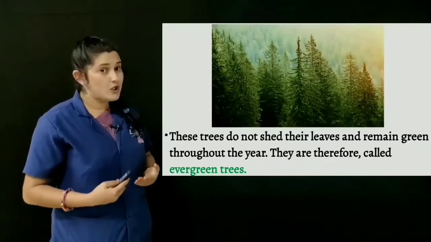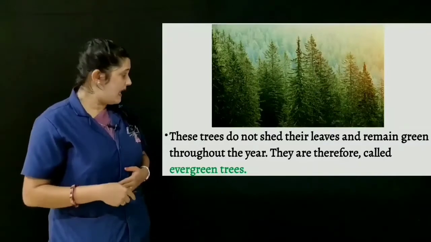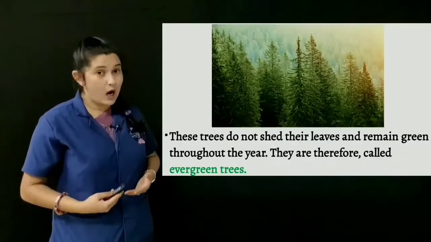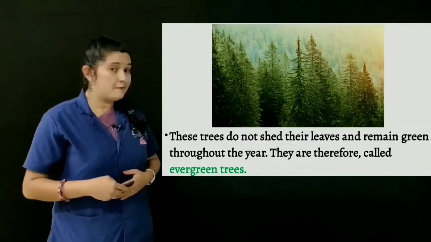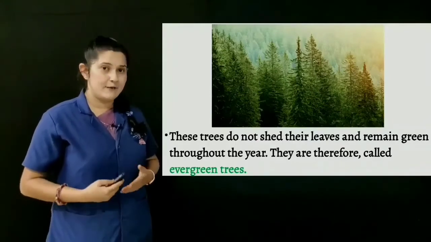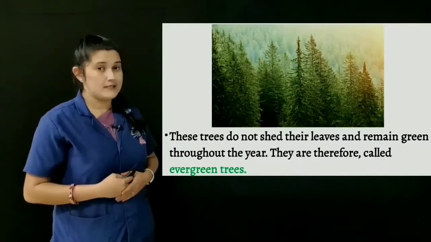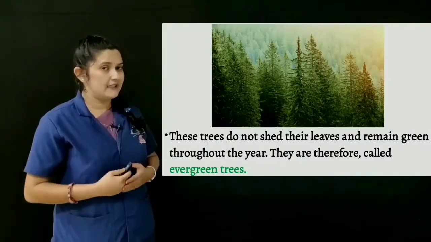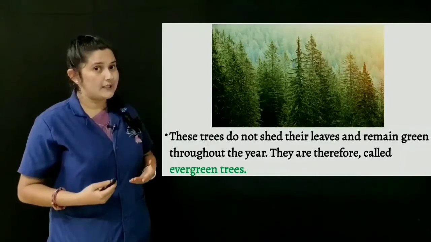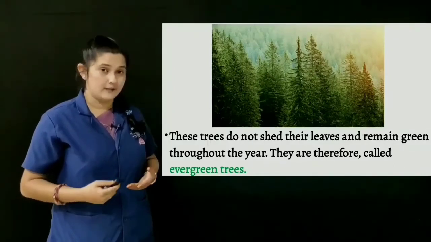These trees do not shed their leaves and remain green throughout the year. They are therefore called evergreen trees. You can see the color of the trees. They are green in color as they do not shed their leaves throughout the year.